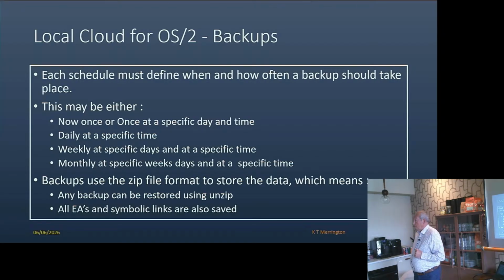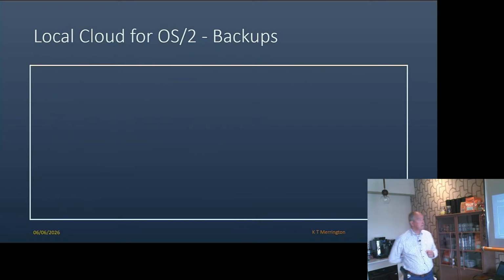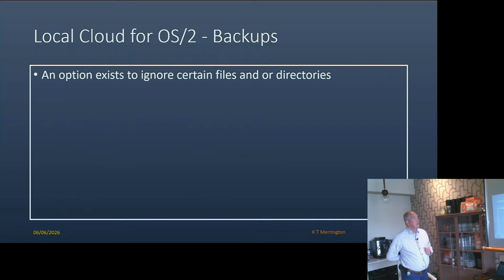Another advantage of using zip is that all EAs and symbolic links are also backed up. You can, if you wish, in the backup also list things you don't want to back up from a particular drive, for example. I don't want to back up all the temp files, that sort of thing.